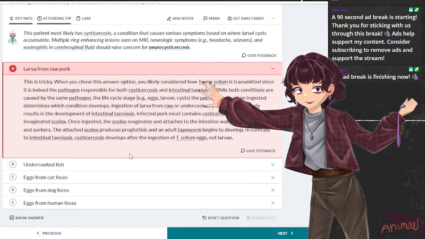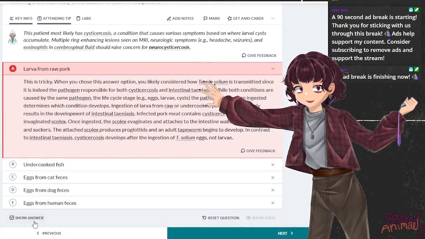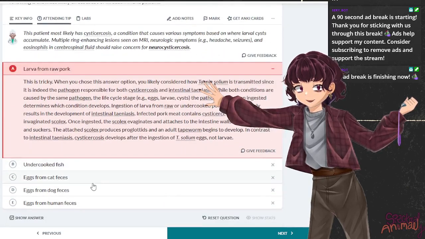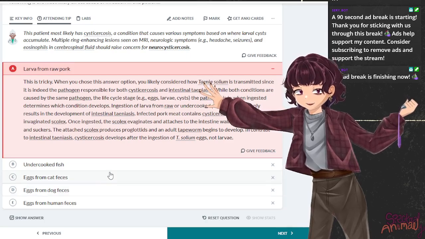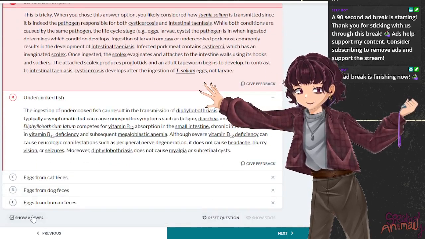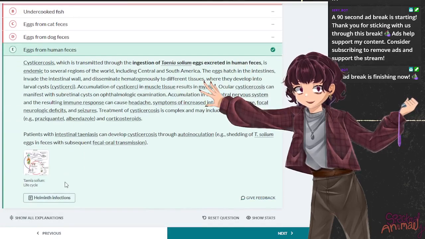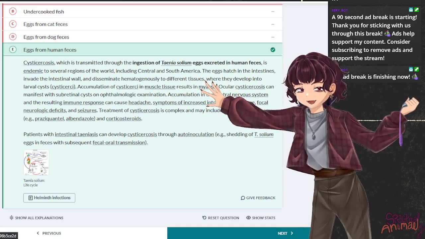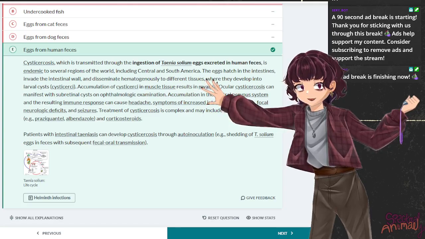Oh no, neurocysticercosis. Yeah, I was like, oh my god, what is this? Huh? I hate this question. What the fuck?